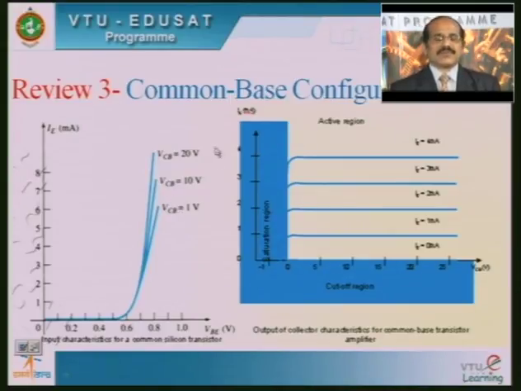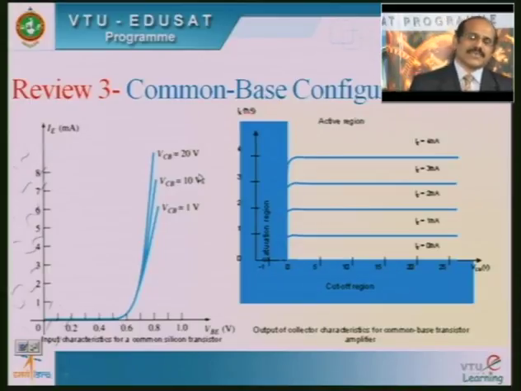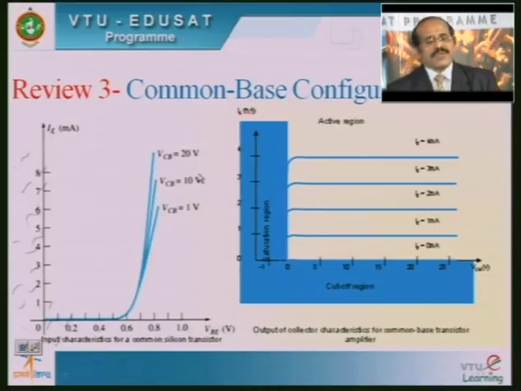As the reverse bias across the collector base junction increases, the width of the depletion region increases. Therefore, the depletion region penetrates more into the base region and thereby reduces the base current, that is the recombination current, and in turn increases the collector current. Since IC is approximately IE, IE will also increase.